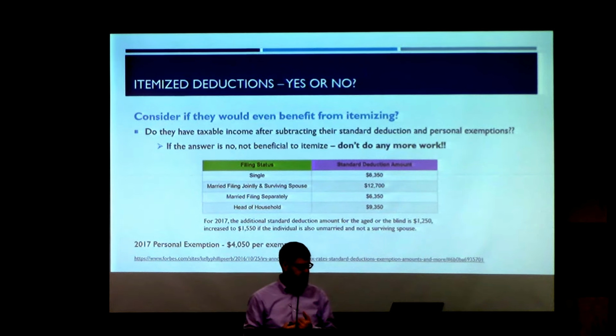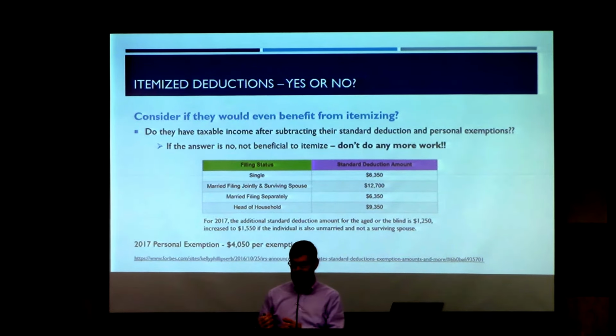You also have exemptions that come off. You will get a standard deduction plus an exemption for every person on the return. So if this is a couple, they will get a standard deduction of $12,700, and then they will get 2 exemptions of over $4,000 apiece. That brings them right up around $20,000.